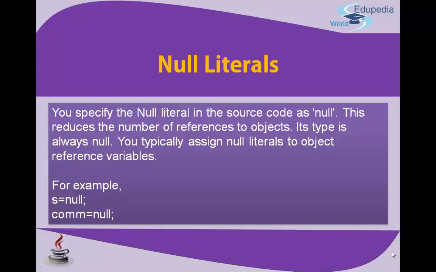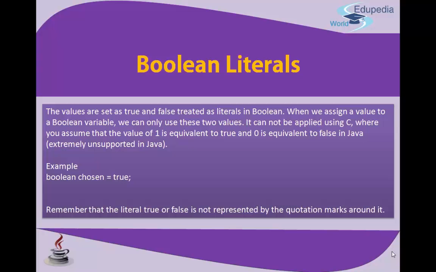Now coming to the last one, Boolean literals. As I have already explained in the very first program, the setVisible true and false concept, you have to keep this in mind. The values true and false are treated as literals in Boolean.